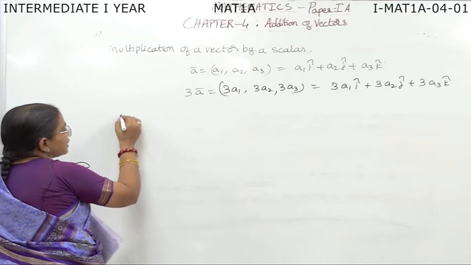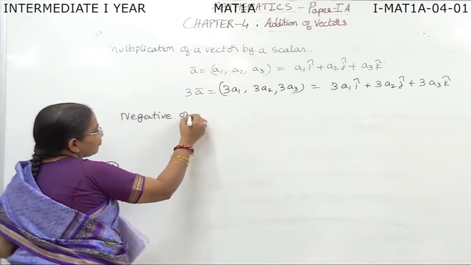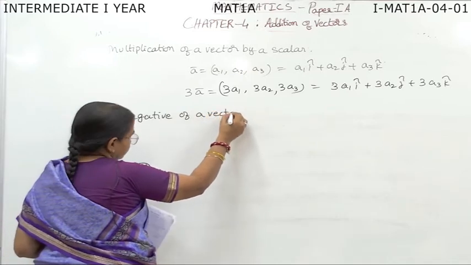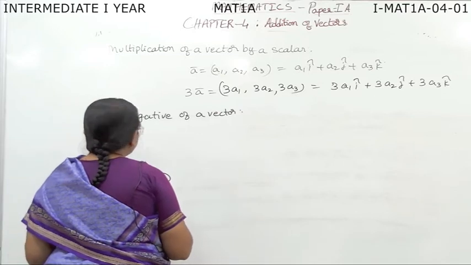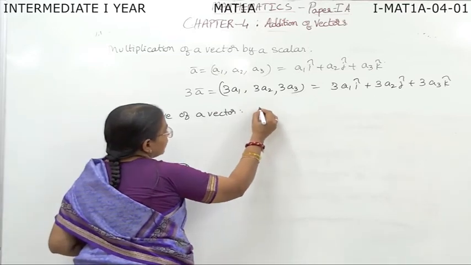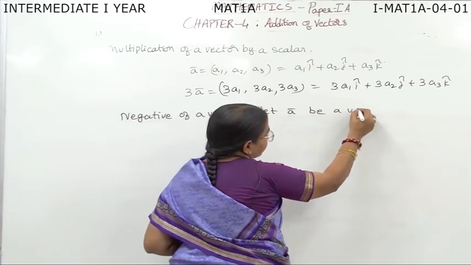Next is the negative of a vector. What is the negative of a vector? Suppose that A is a vector.